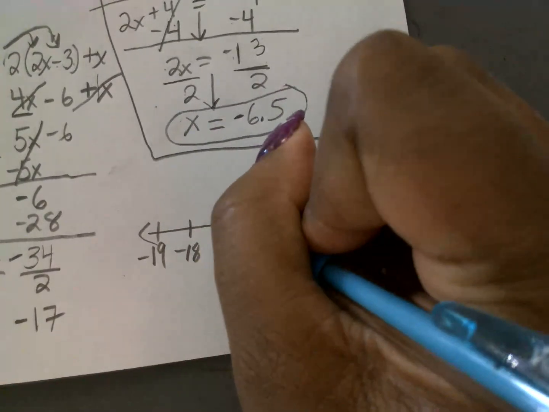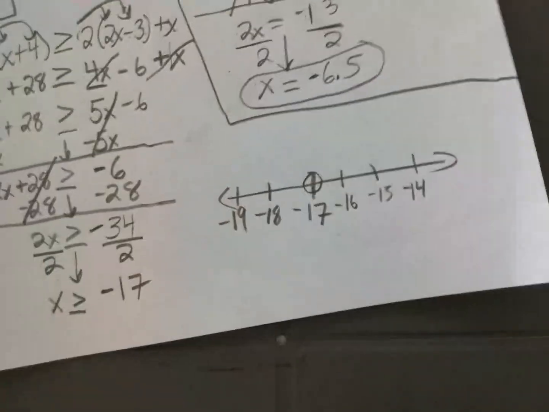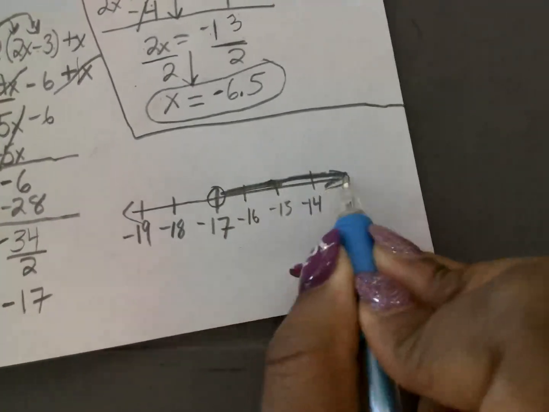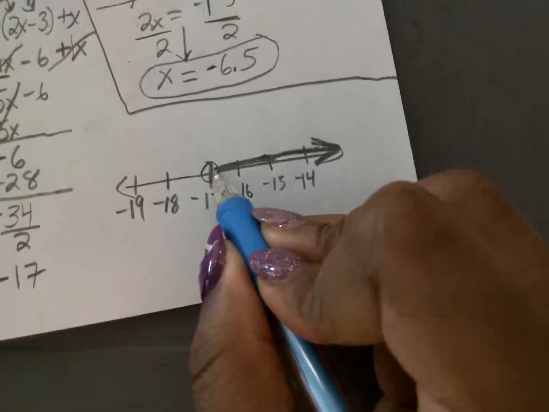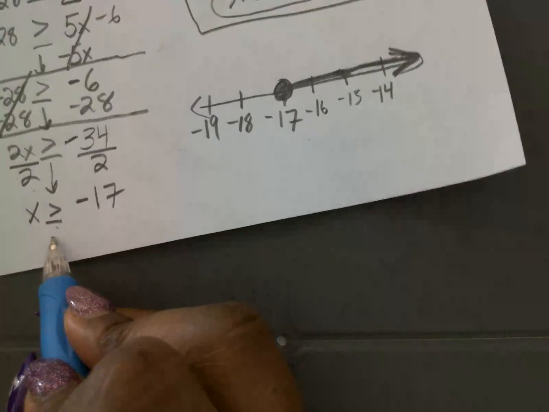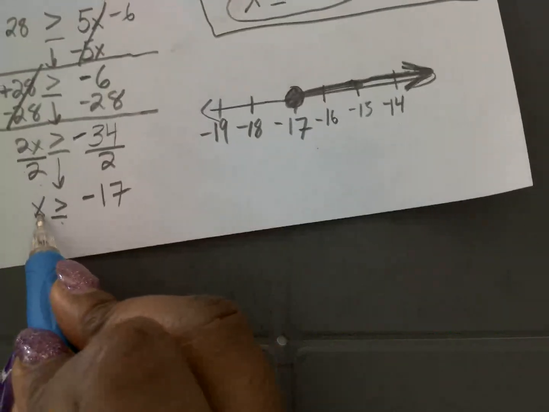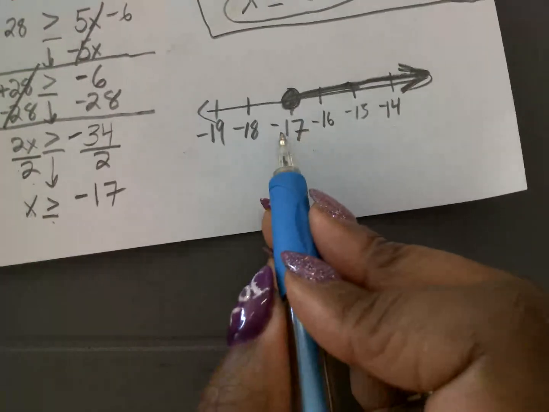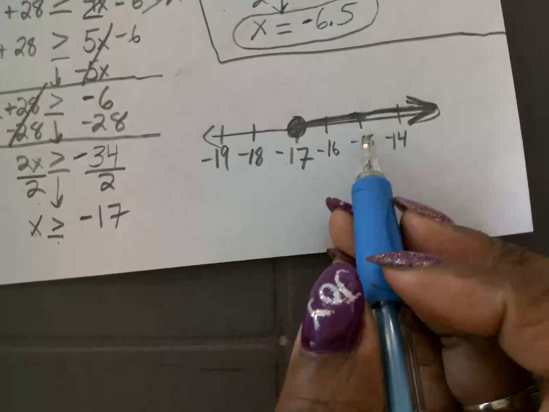Put the circle above the negative 17 and greater than. The numbers get bigger this way. Now, it's going to be closed because it's equal to. Negative 17 is a part of the solution, so shade in negative 17 because x can be equal to negative 17 or greater, okay?